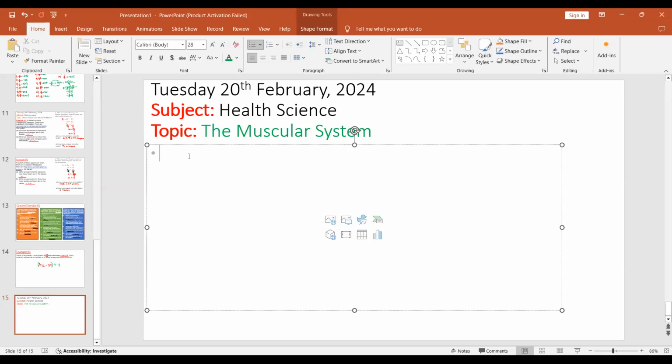What else? Tell me, if you are eating food, does the muscular system help you to push the food throughout the digestive system? Does the muscular system help with that? Yes or no?